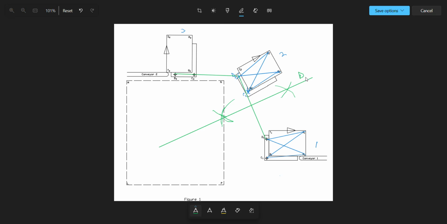I recommend that you write D2, D1 on it. So I've written it on the perpendicular bisector.